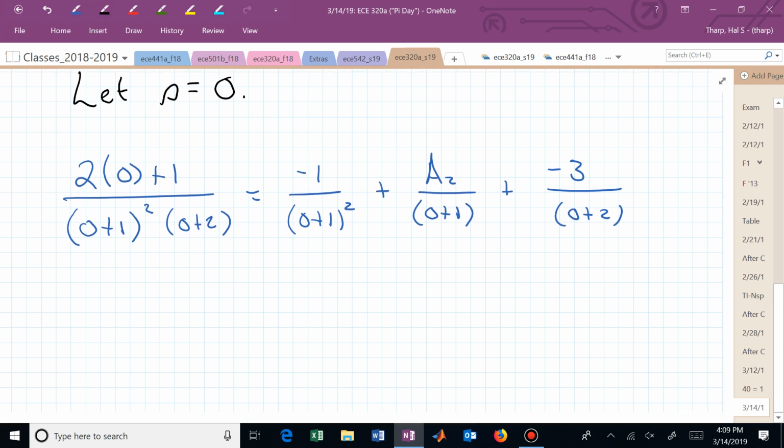This now gives me, on the left-hand side, 1 over 2. I have 1/2 on the left. The first factor gives me minus 1. The second one is a sub 2, and then I have minus 3/2.